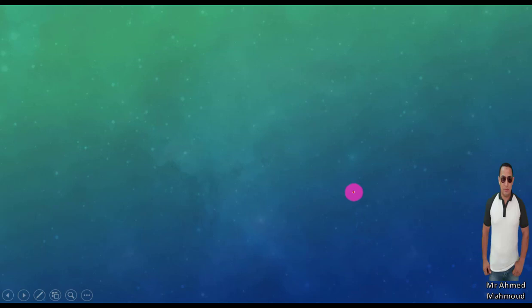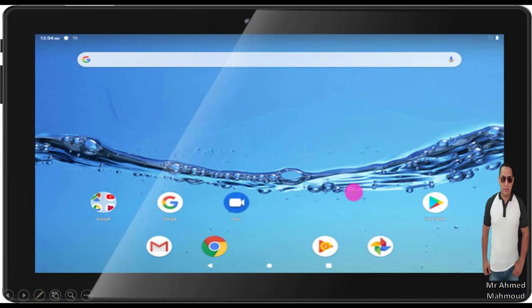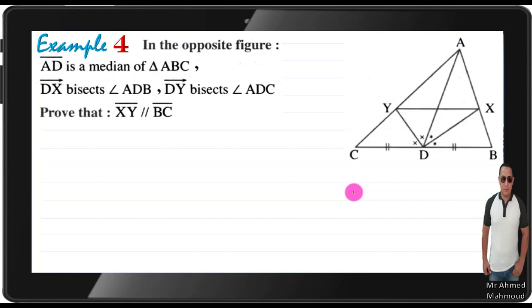The next question, example 4. In this example, AD is a median, BX bisects angle ADB, and DY bisects angle ADC. Prove that XY is parallel to BC.